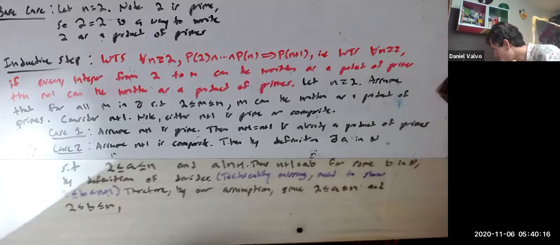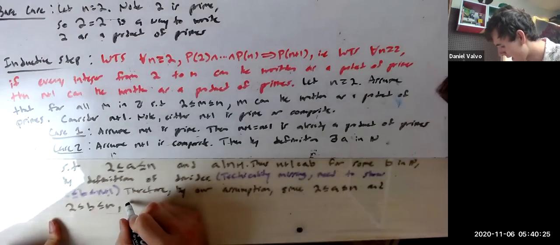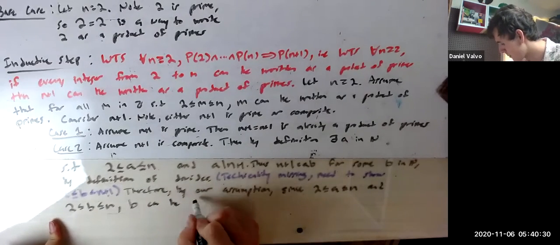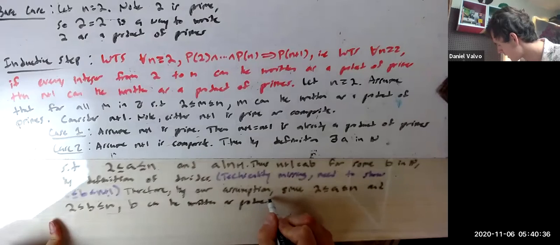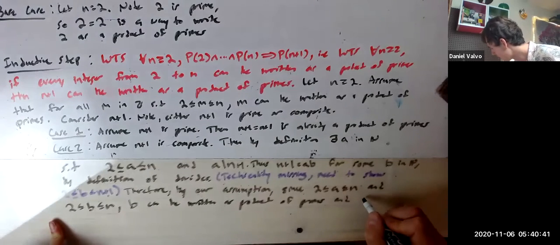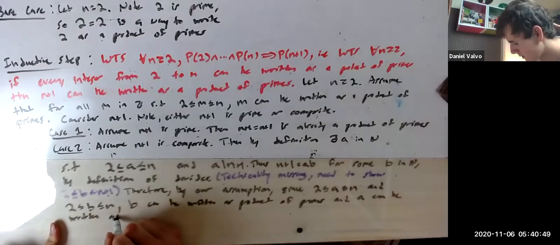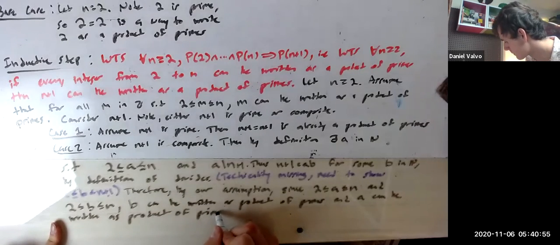Anyway, so by assumption, since 2 is less than or equal to A, less than or equal to N, and 2 is less than or equal to B, less than or equal to N, we know that B can be written as a product of primes, and A can be written as a product of primes.